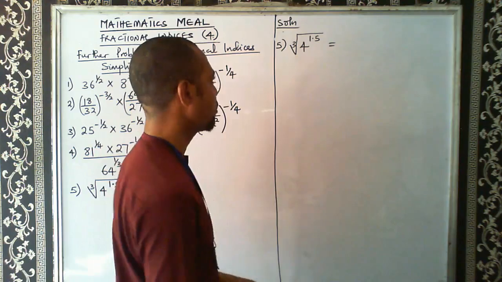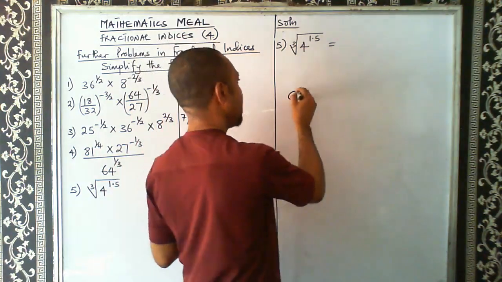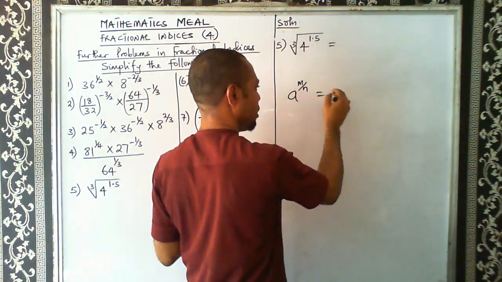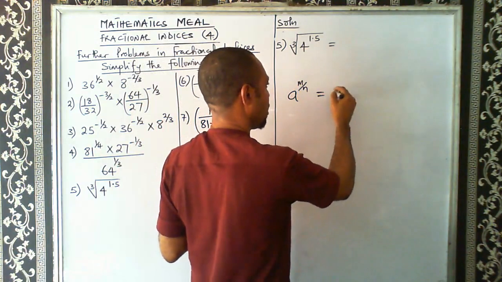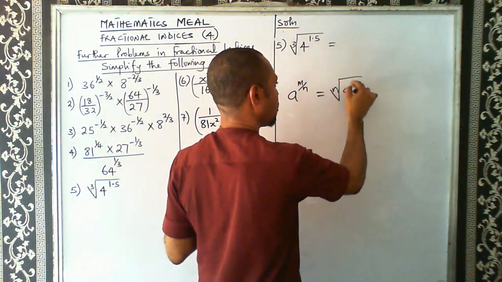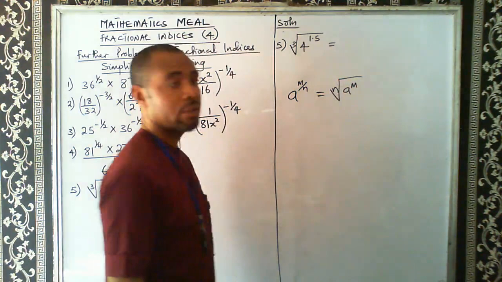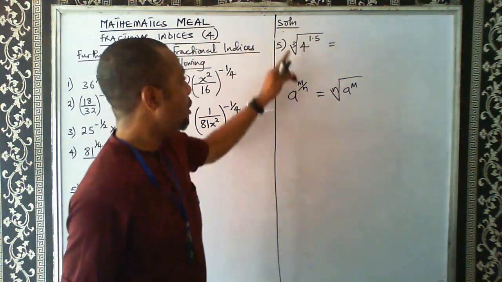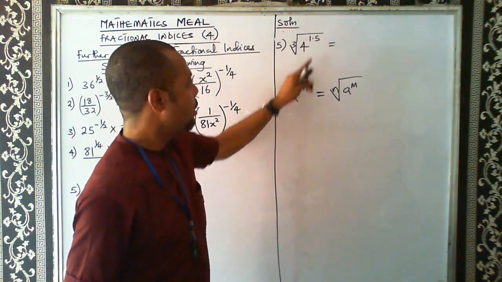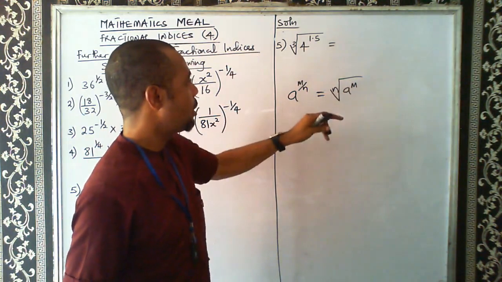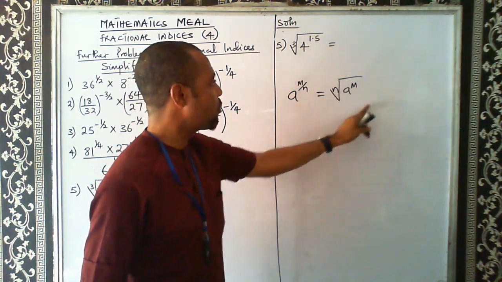It's just very simple. So you remember that we say that a raised to power m over n is the n-th root of a raised to power m. Do you agree? So you see, this number here is the n and this is the m. That means it is already in this form.